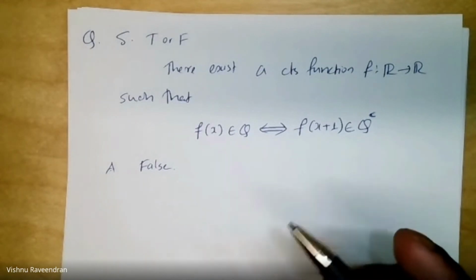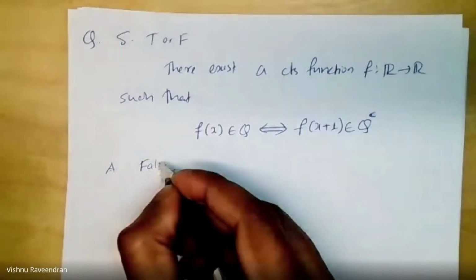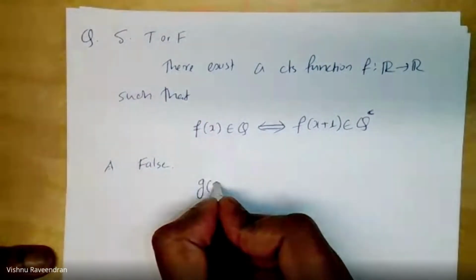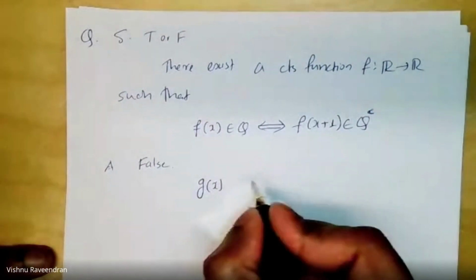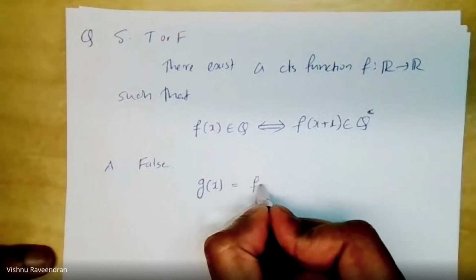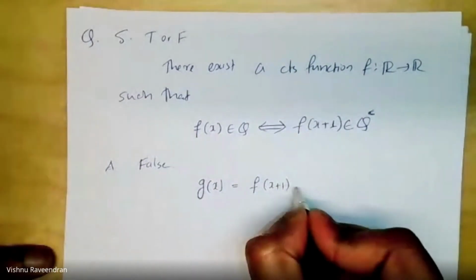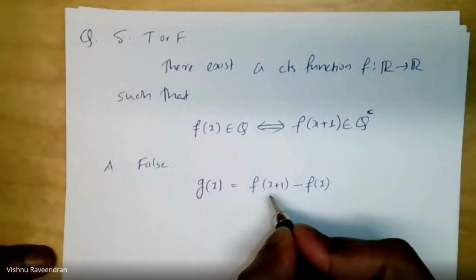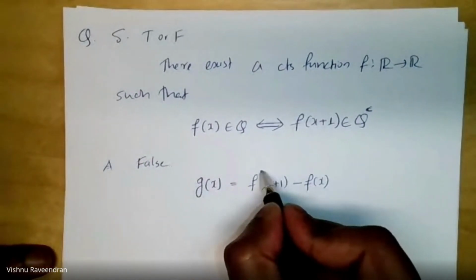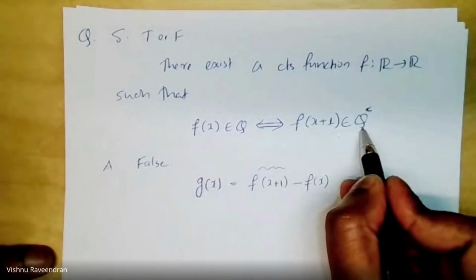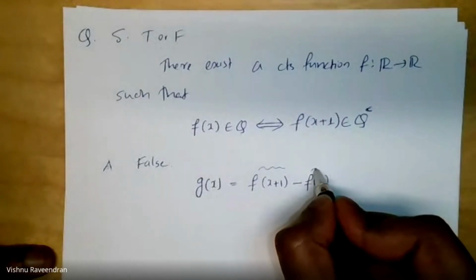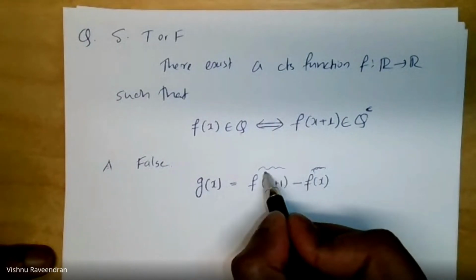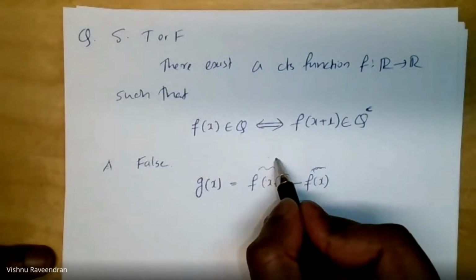How will you proceed? The idea is that you define a new function g of x, which is f of x plus 1 minus f of x. If f of x is rational, then f of x plus 1 is irrational.